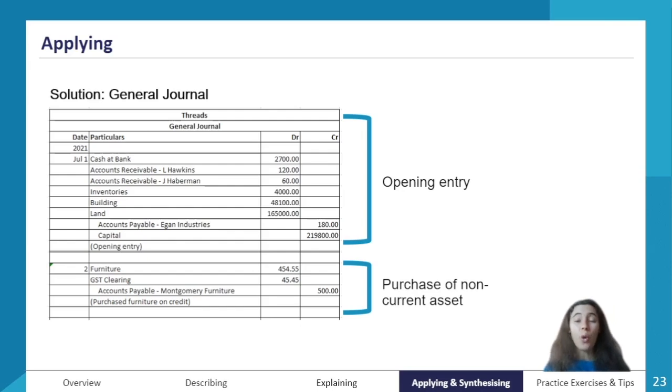So if you're not really sure about GST and what it applies to, try and think to yourself about the idea of goods and services. Is what I'm paying for here a good or a service? And if it is, then it's likely to have GST attached to it. Sometimes you'll be given specific information about whether GST applies, so also pay attention to that, because it can be easy to just skip over.